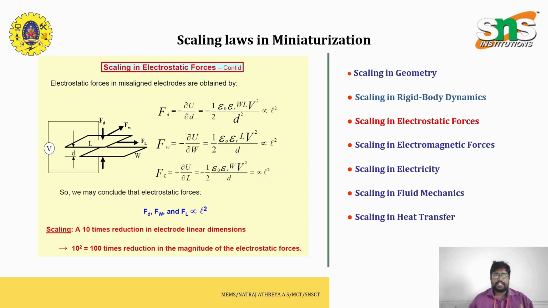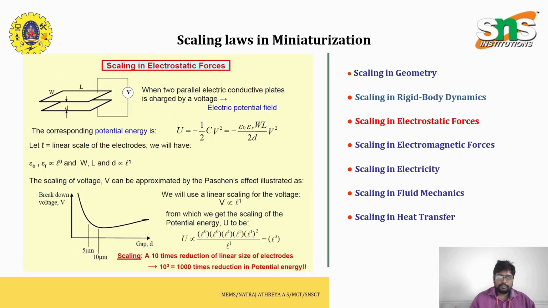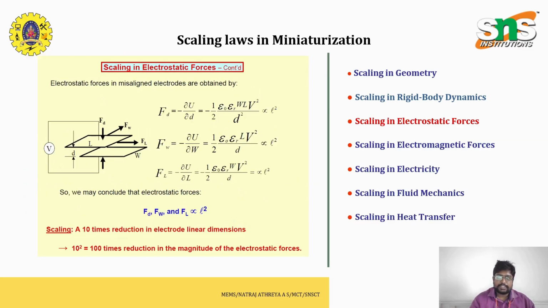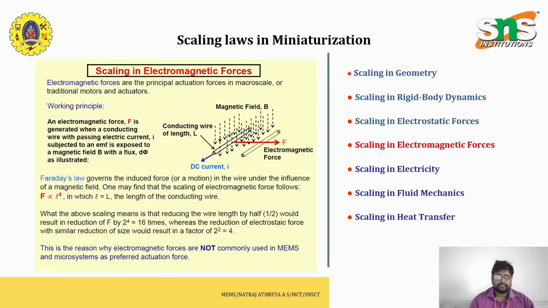So we'll just summarize that when there is a 10 times reduction in the dimensions, there is a 1,000 times reduction in the potential energy when we use the electrostatic principle, and when we look at the electrostatic forces, there is a 100 times reduction in their magnitude.